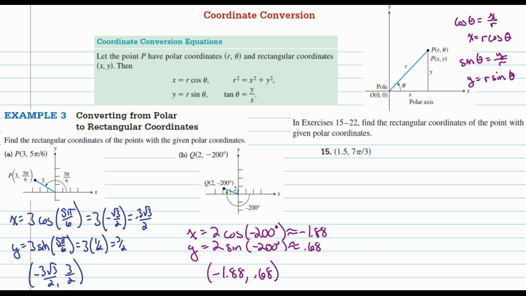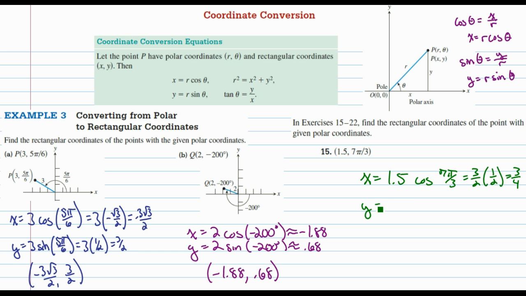Now try problem number 15, which is also something I would expect you to do without your calculator, since we do know by our vast knowledge of the unit circle what the sine and cosine of 7 pi over 3 is. The x-coordinate of this polar point would be 1.5 times the cosine of 7 pi over 3, which is going to be 3/2 times 1/2, so 3/4.